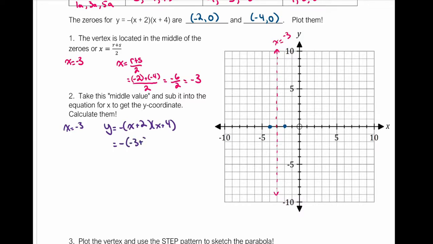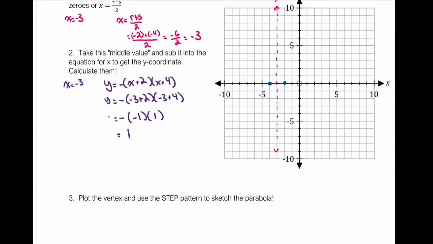So negative 3 plus 2, negative 3 plus 4, and now I'm going to go through and solve. I'm going to leave the negative out front. Negative 3 plus 2 is negative 1. Negative 3 plus 4 is positive 1. Negative times negative 1 is positive. Positive 1 times positive 1, we get 1.